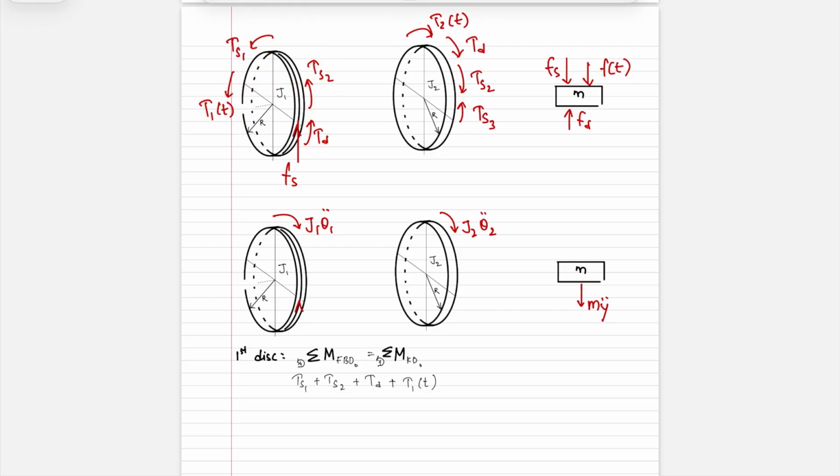And now here's the part where a lot of people make mistakes. They just write plus Fs. In reality, this here's a force. All the others were torques. So you have to obtain the moment about that point O. All of these torques are acting on the entire body, while this force is acting at a point that is at a distance r away from the center, which is why you're taking this moment.